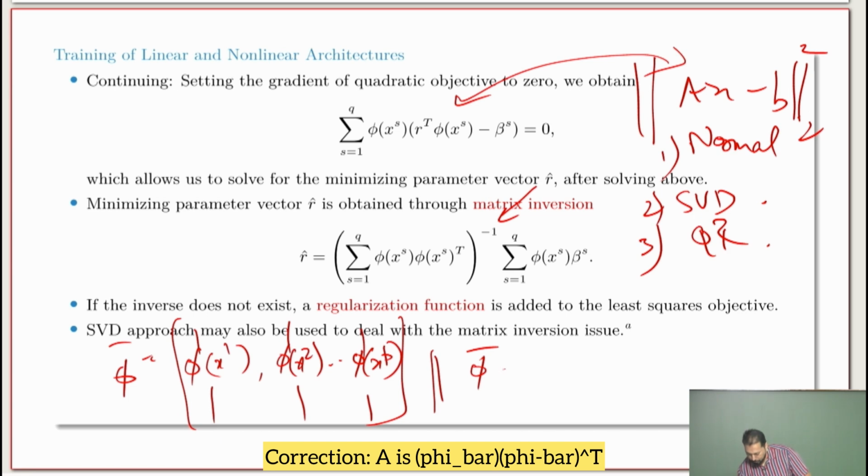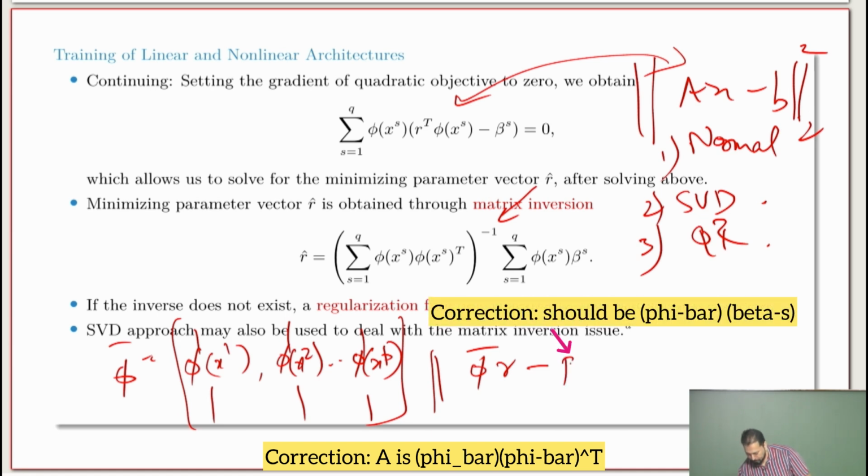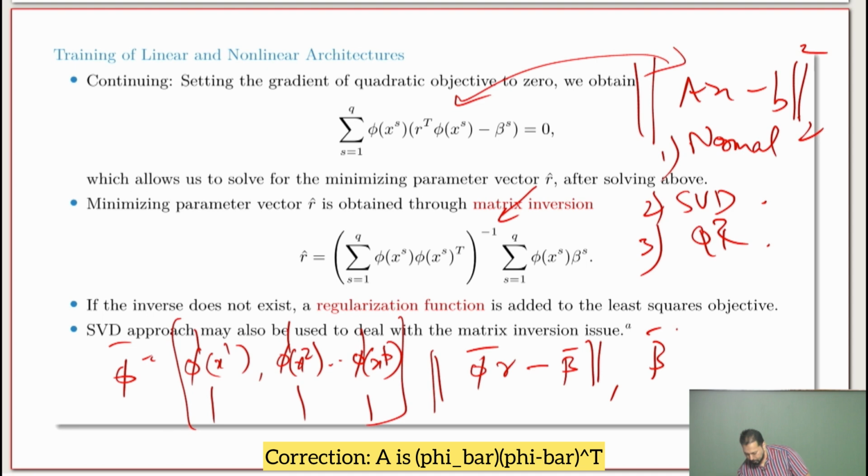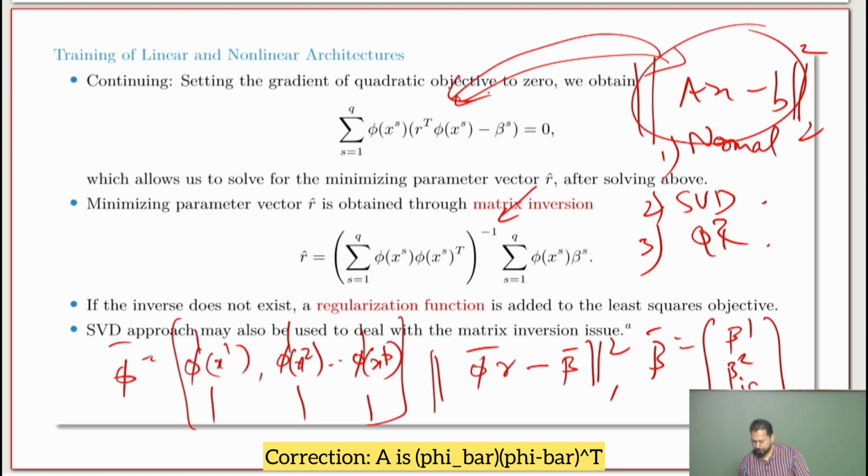So you could have written this as phi bar times r minus beta bar, and beta bar is like before: beta 1, beta 2, up to beta s. If you expand this, then you get this.